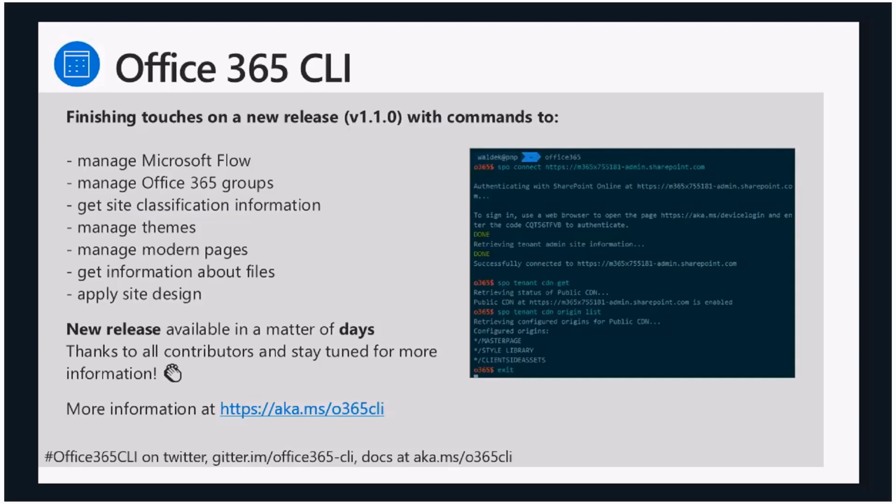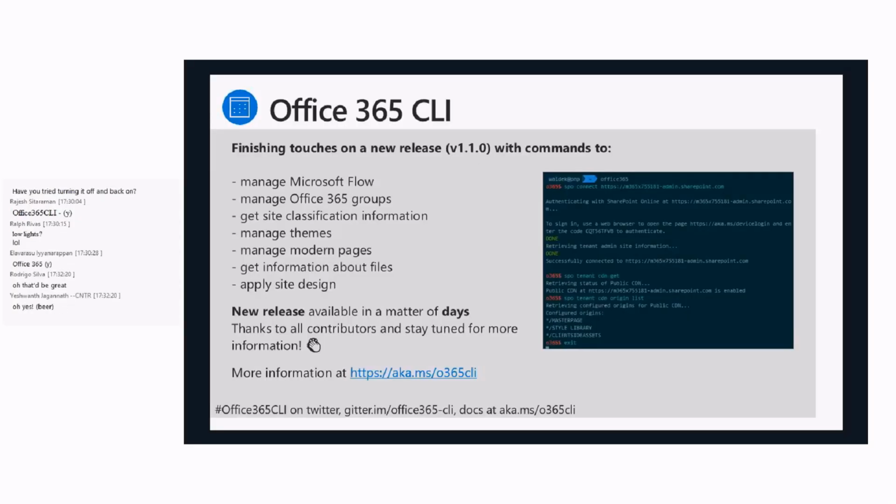Additionally, off the top of my head, we added the ability to get files. We added the ability to work with groups, and improved that. We added the ability to get the configuration of the site classification. And a few other things that I do not recall, and I cannot see because I do not see the slides.